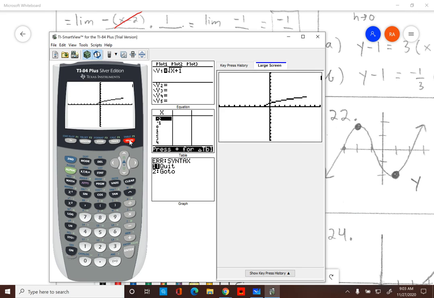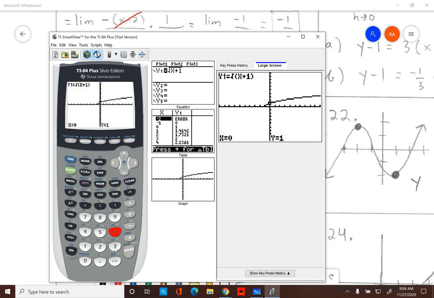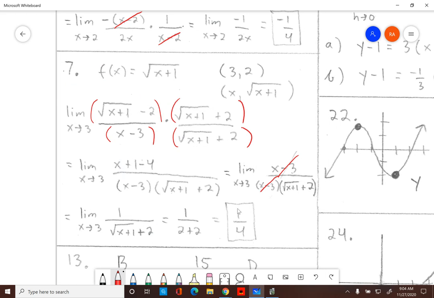Every point should have a positive slope. Let's check it. I'm doing dy/dx at x equals 3, and I'm getting 0.25. So 1/4 or 0.25. So for this function at x equals 3, that's the slope.